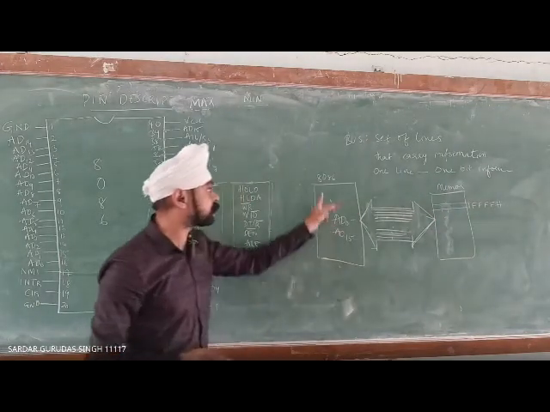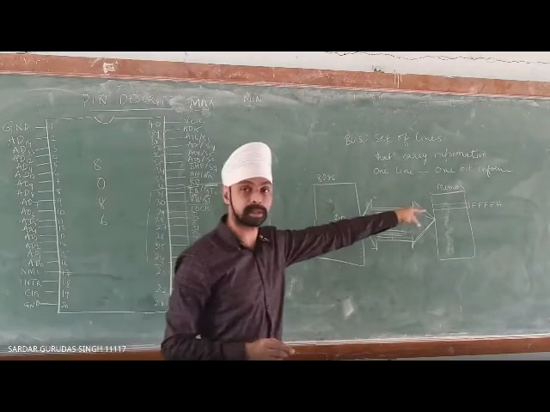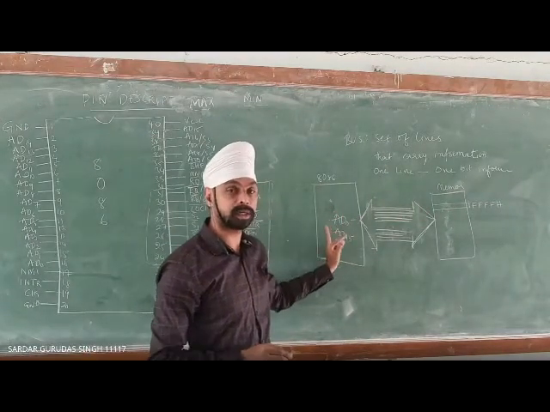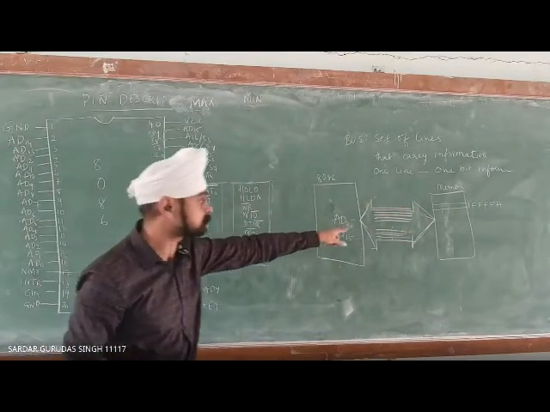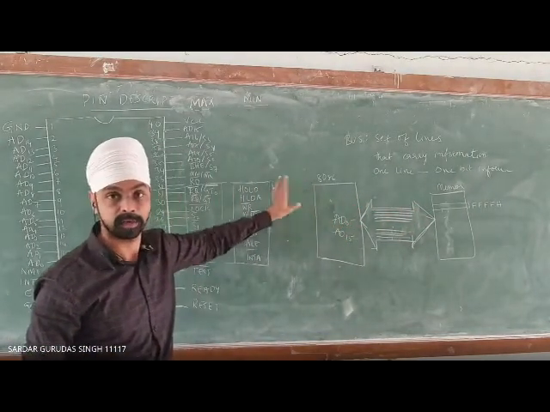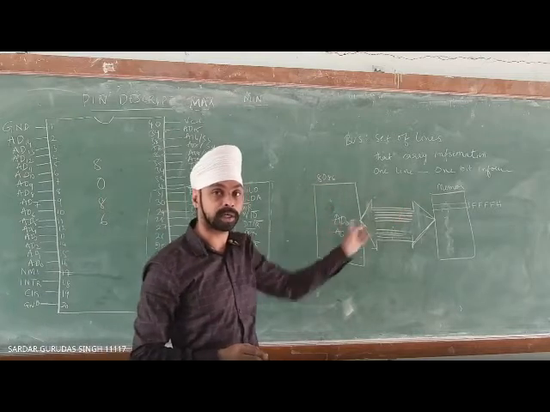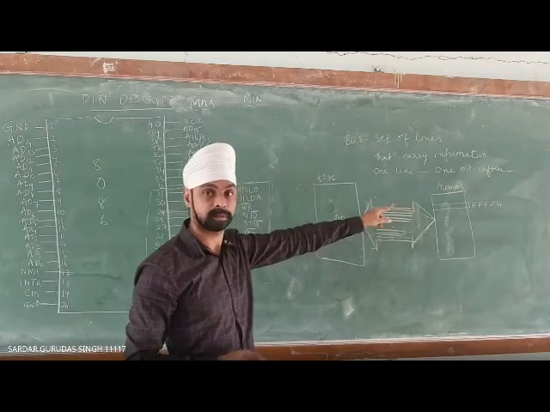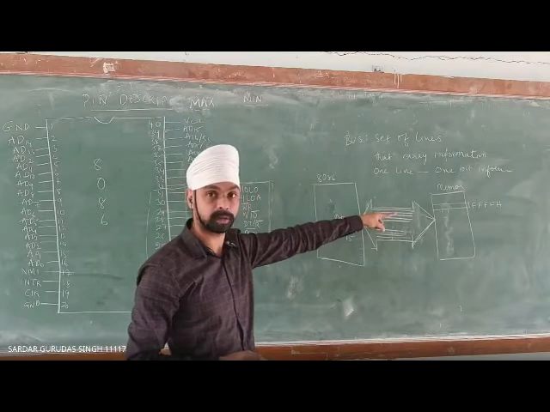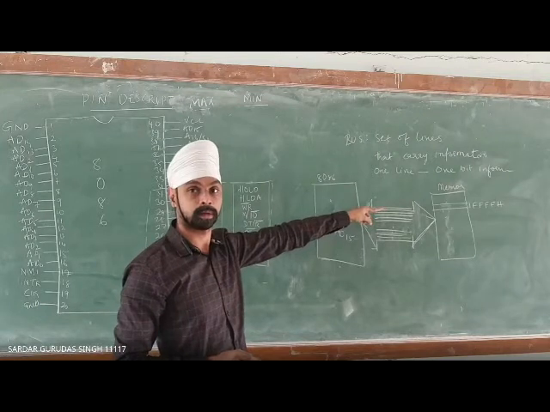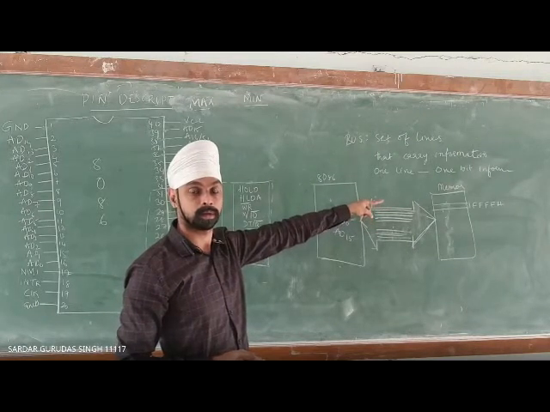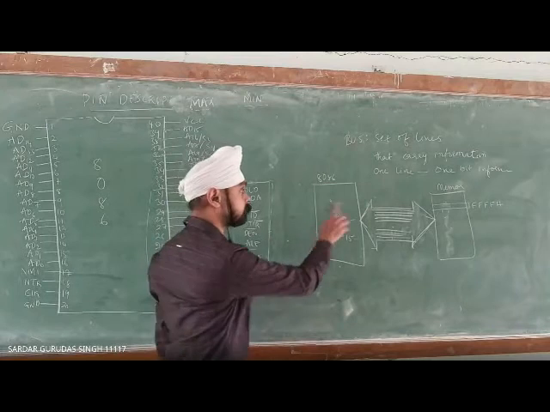First, does it need to send the address or does it need to send the data on this bus? Whether the address should be sent first or the data should be sent first in order to access the memory? What needs to be sent? Address or data?